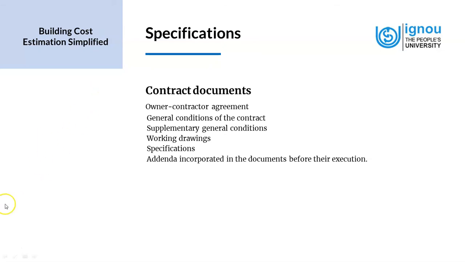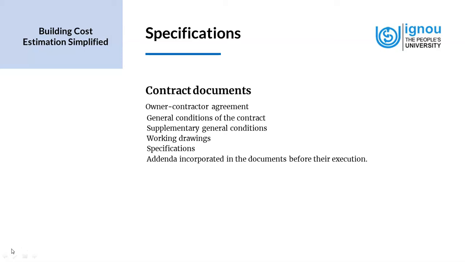All these documents become part of the contract. They are to be read together for the purpose of contract interpretation, because each of these gives meaning to the others and serves a particular purpose.